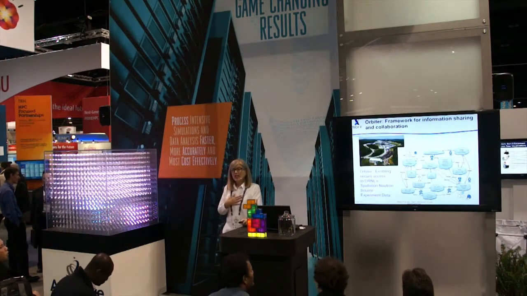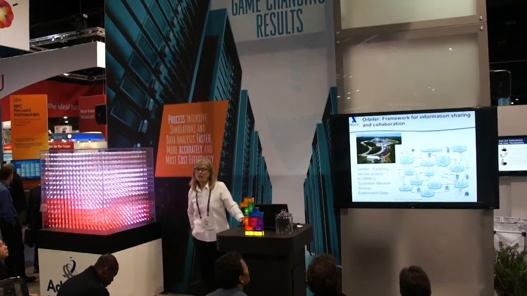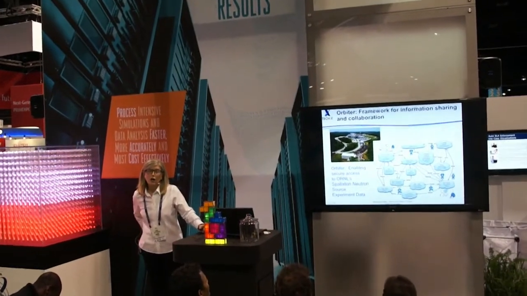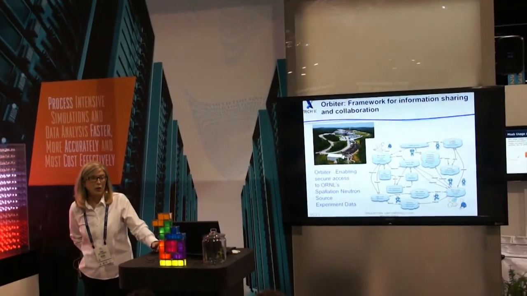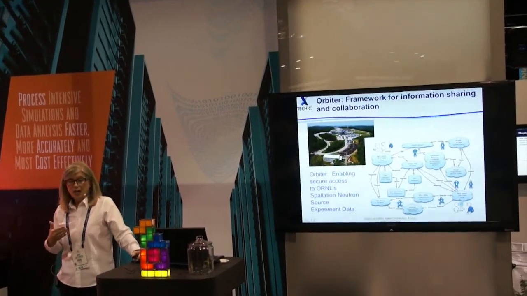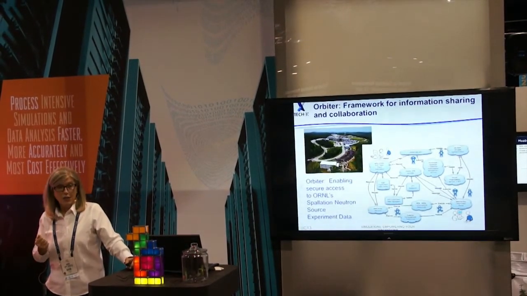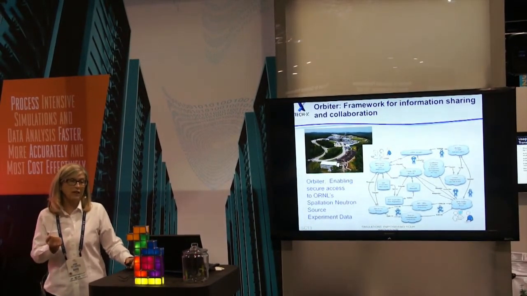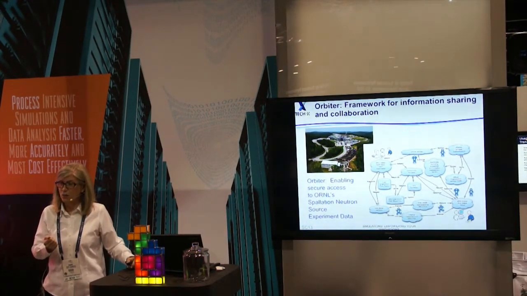Orbiter is another product that is produced by our systems integration group out of Buffalo, New York. Orbiter is a secure and fast framework for access using either a thin web-based client or a thick desktop application.